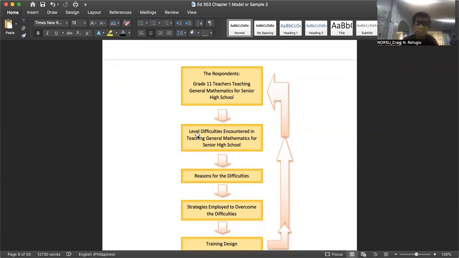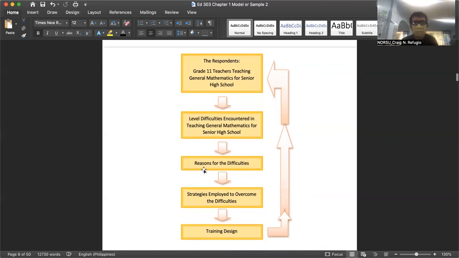For this box, there is a variation among yourselves because you have different subjects or fields of specialization, so this box would have a variation on the content. But for the next box, all of you would have the same format: reasons for the difficulties.